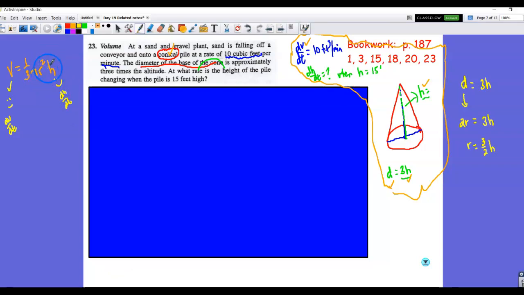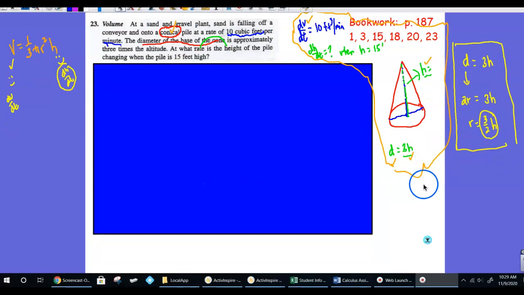I'm going to have a product rule right here, and that's going to force a dr/dt into the problem. Well, I don't know dr/dt, and that would be too many unknowns. So that is why this is an important part of the box of knowledge, connecting r to h. This allows me to substitute.